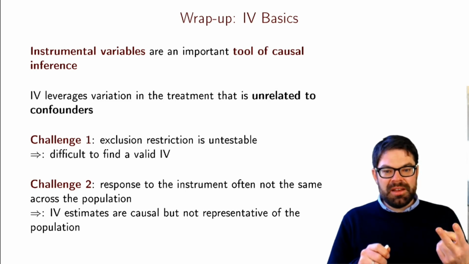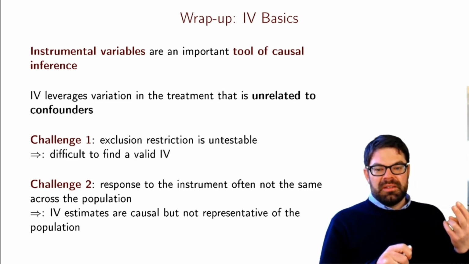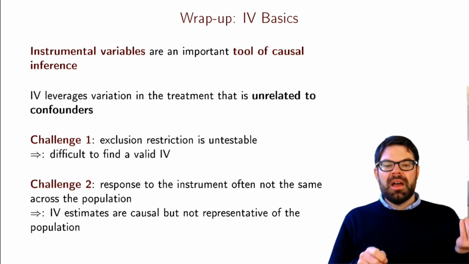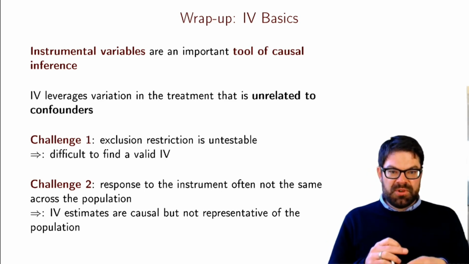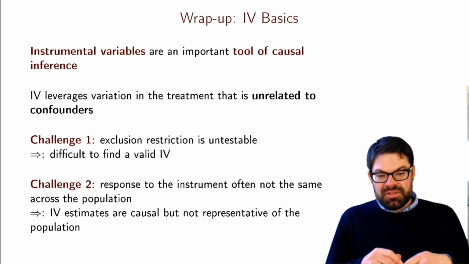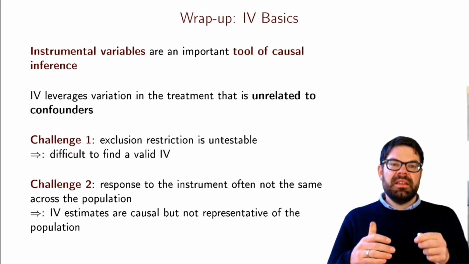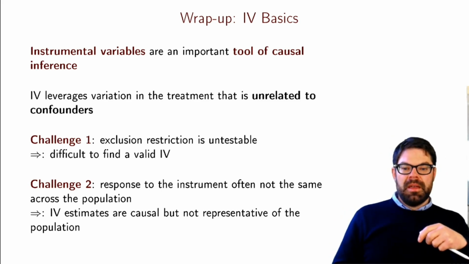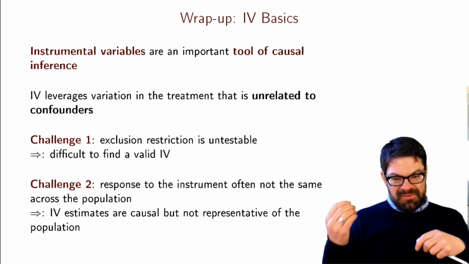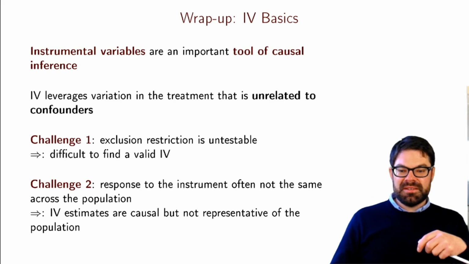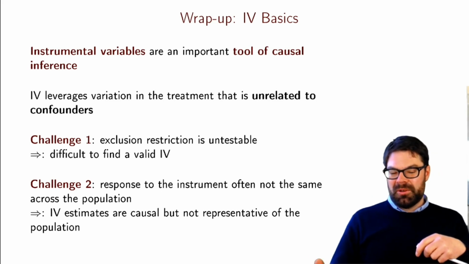But there are 2 challenges with it. Finding a valid IV is difficult because the exclusion restriction is untestable. And the second challenge is that it's not random who responds to the instrument. And so IV estimates are causal, but they're not necessarily representative of the population we are interested in.